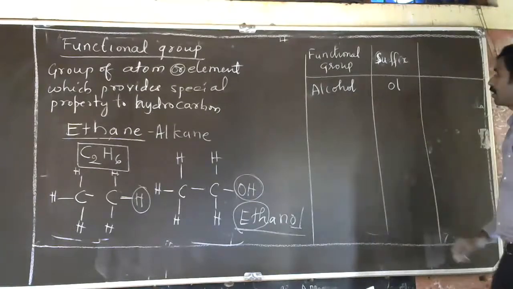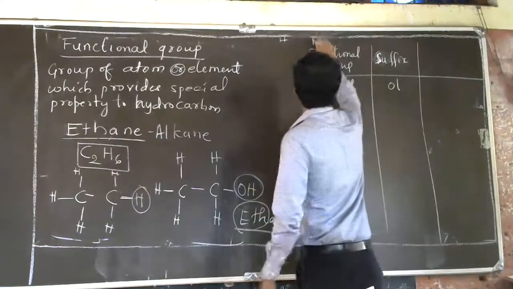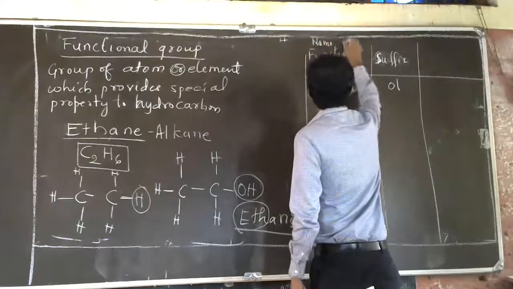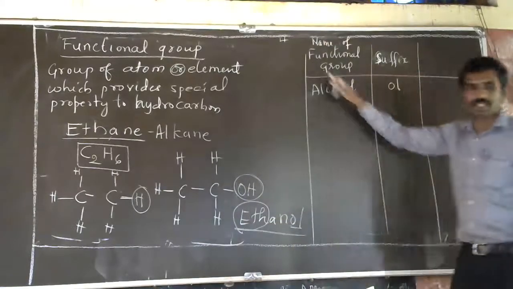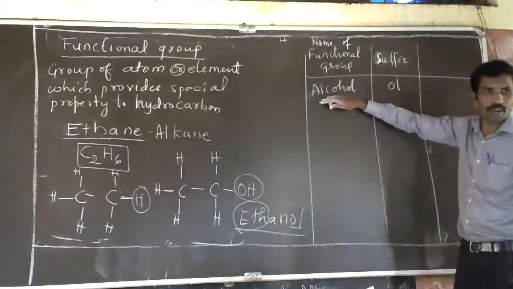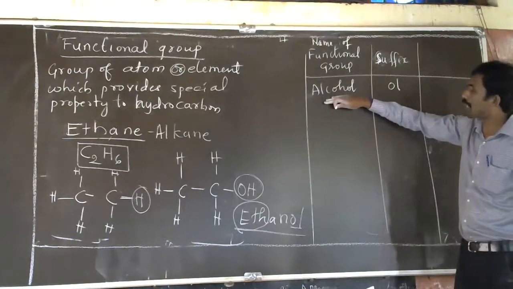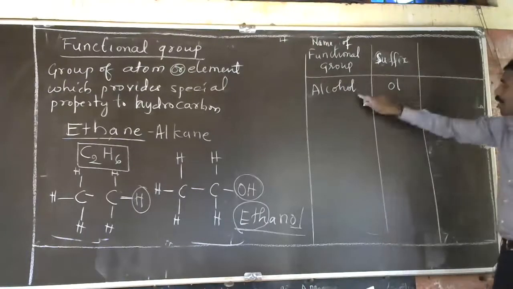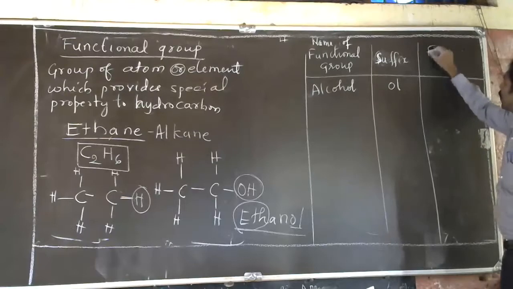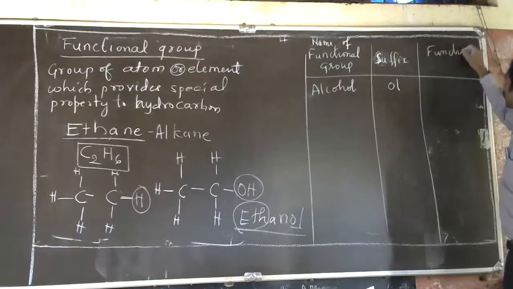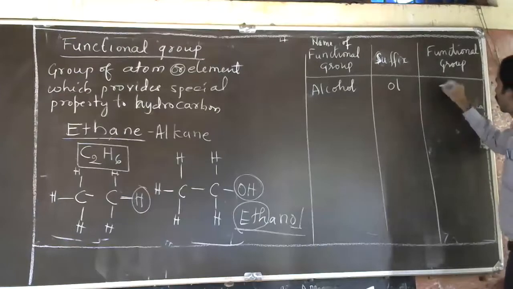Understood? The name of functional group is alcohol, and the suffix used for alcohol is OL, and the functional group is OH.